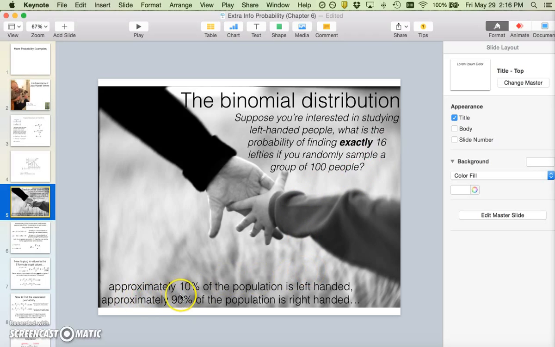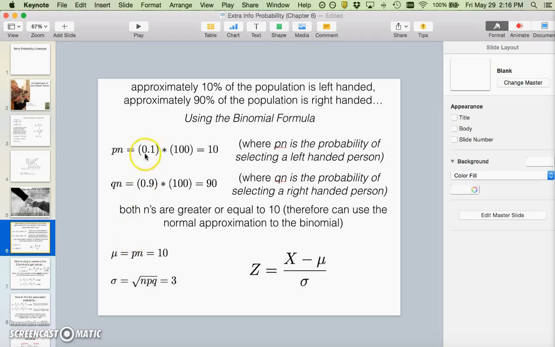Basing this off the odds that about 10% of the population is left-handed and approximately 90% of the population is right-handed, we can then fill in the formulas. We can use the binomial formula. So Pn is the probability of selecting a left-handed person in our example, and we have 0.1, because we said 10% of the population is left-handed, multiplied by 100, because we're selecting 100 people.